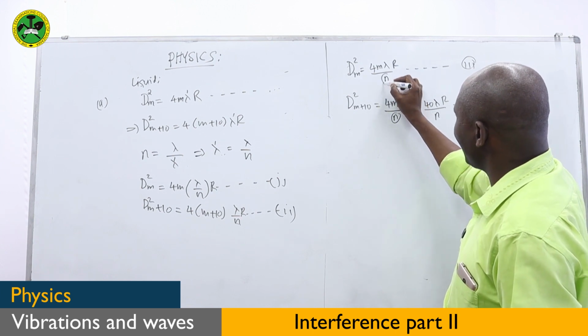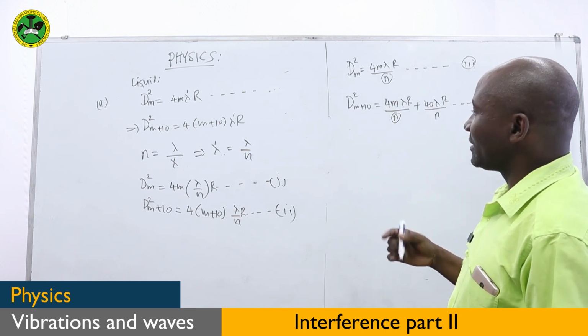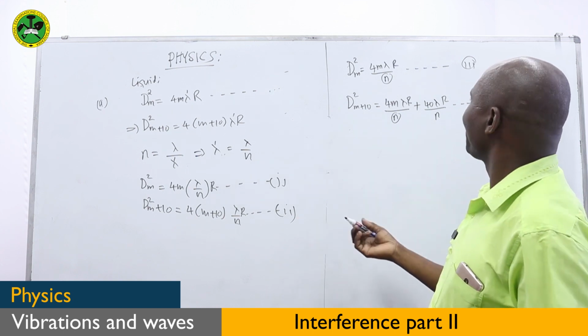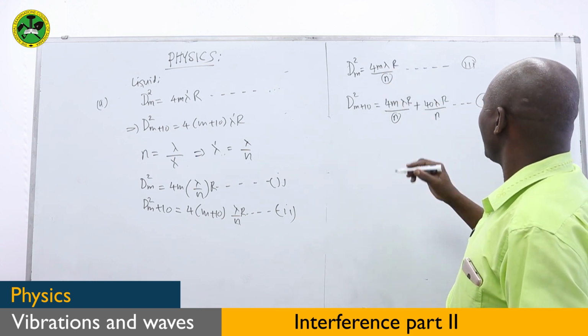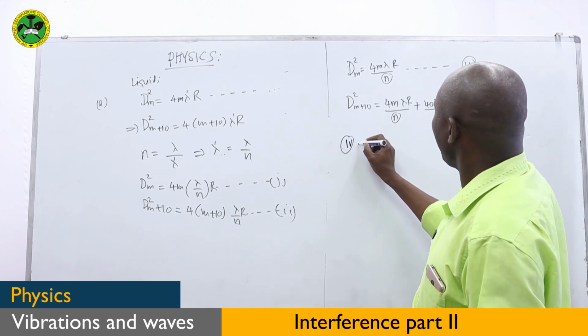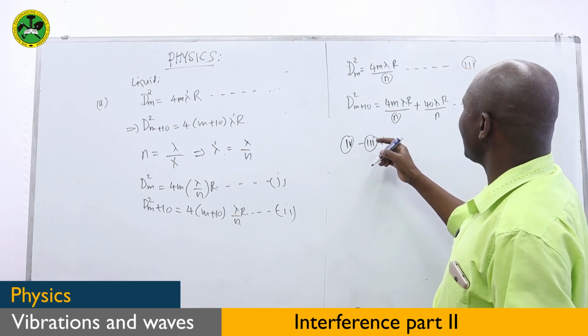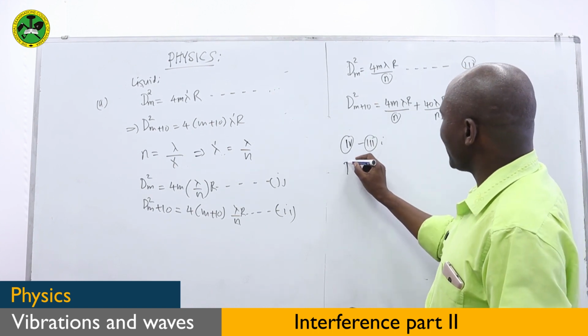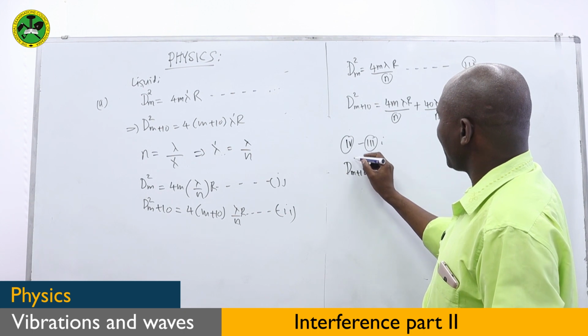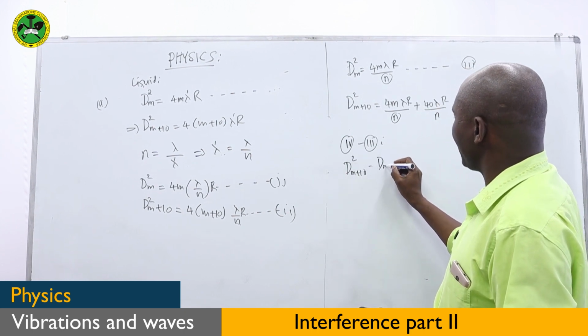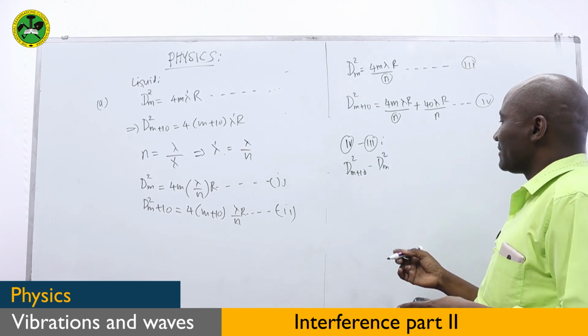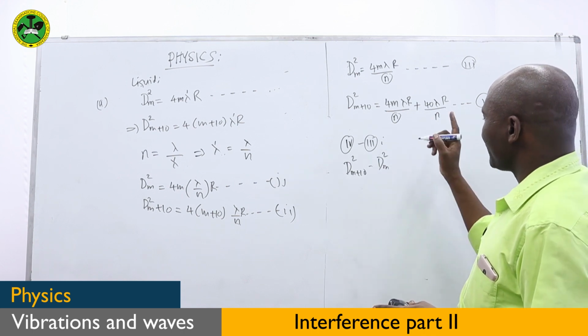That n is our refractive index, while m is the order. So if you take equation number 4 minus number 3 and find the difference, you find that this will be D(m+10) squared minus D(m) squared.